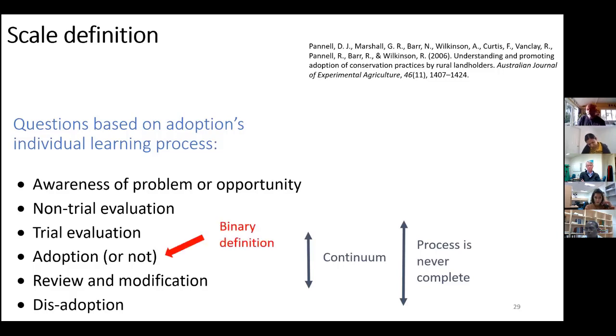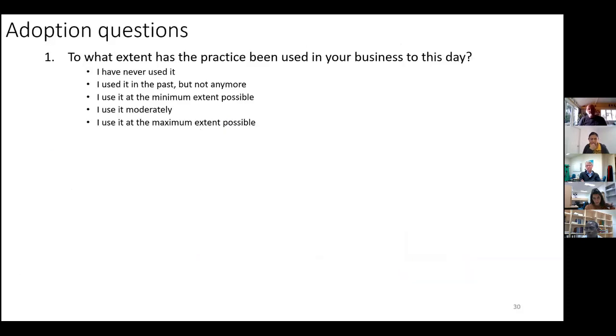And that's where I'll touch on this later, but that point in there is where we normally define adoption binarily, just to start using it or not. So these are the questions. There are 7 questions. This was used to assess the current level of use.